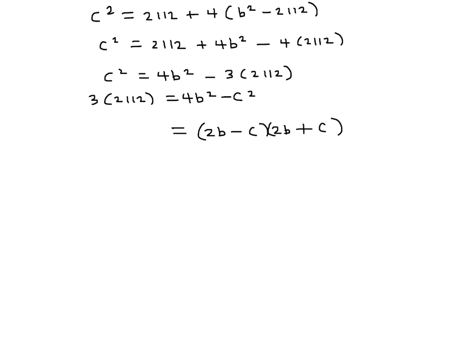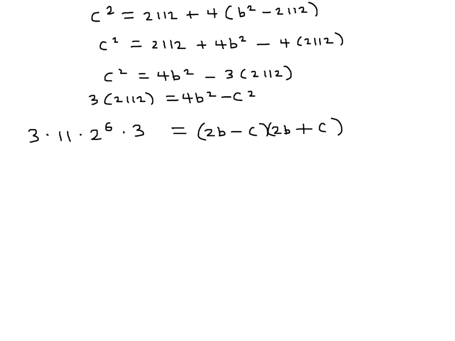Well, I don't know at this point, but what I will do is I'll break it up into its prime factors. So 3 is already prime, and then 2112, that's divisible by 11. And then that leaves me with 192. So 192 is divisible by 64, I believe. And 64 is 2 to the power of 6.